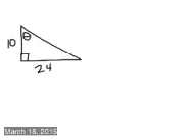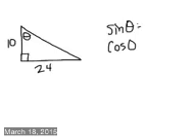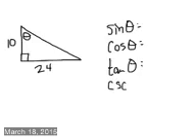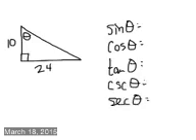It says evaluate the 6 trig functions of the angle. So, I got the sine, I got the cosine, I got the tangent, I got the cosecant, I got the secant, and I got the cotangent. Those are the 6 that they want you to tell me.